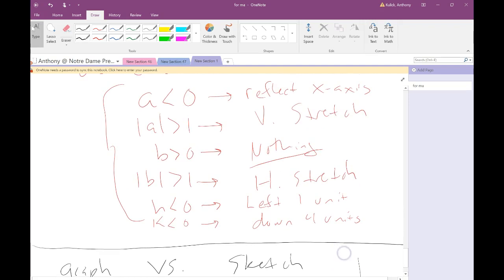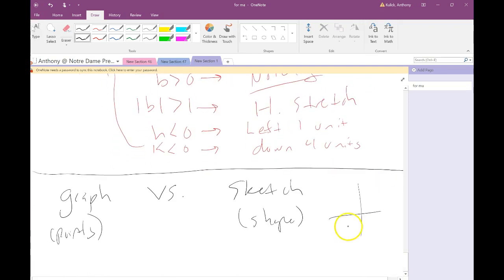We have these 2 stretches and a reflection. So it's going to be like down here somewhere. And that's enough, right? So if the command says graph, I need actual ordered pairs and actual points, and I'm looking for precision, versus sketch, where sometimes just knowing-ish what's going on will be enough. Okay?